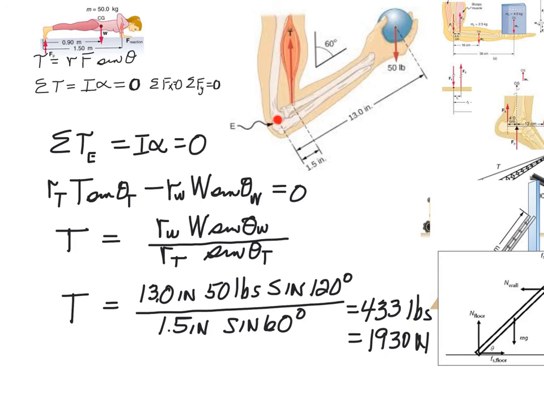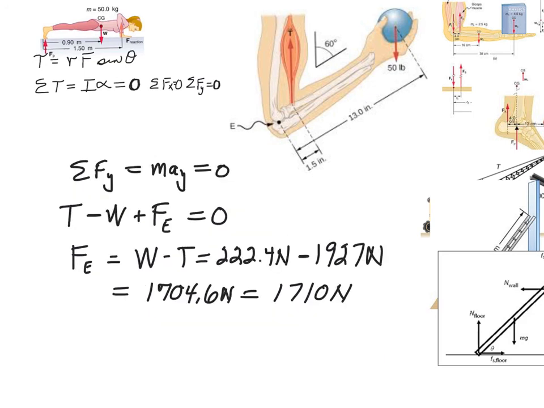Okay, now the last thing is to find the elbow force. And we'll do the same thing we did last time, sum of the forces in the y direction. Okay, so here's the equation. There's the tension force up, the weight down, and the elbow force.